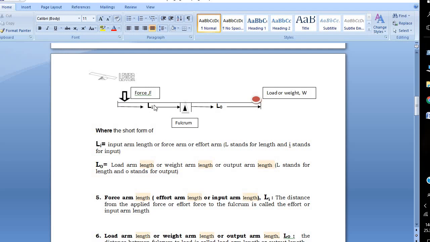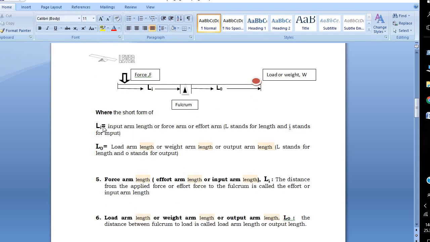You can write the short form LI: L for length, I for input. So input arm length or force arm length.